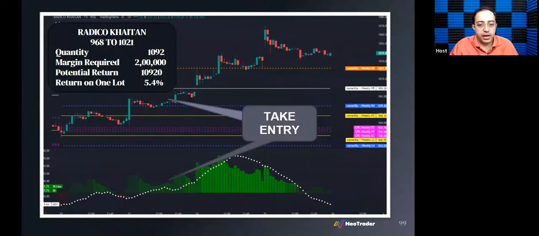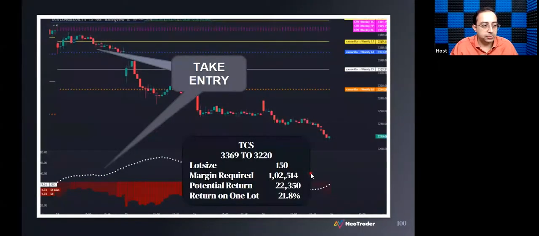Again, take the entry here, and then you can trail your stop loss. The advantage when you use a CPR is that it already has those levels.